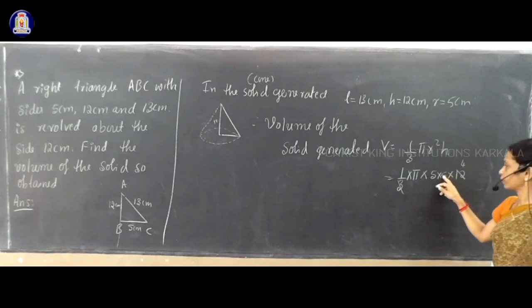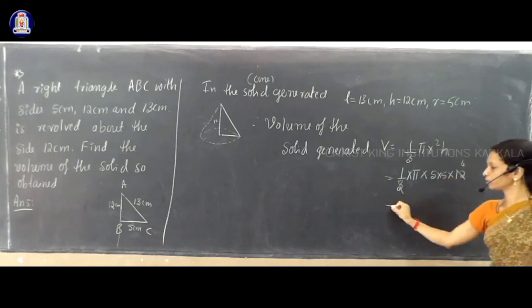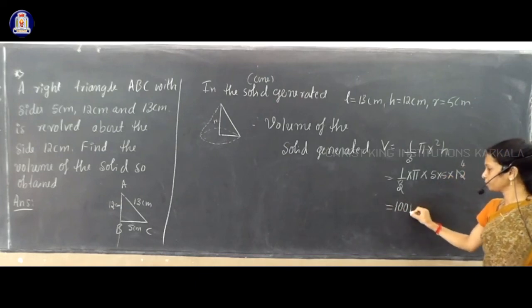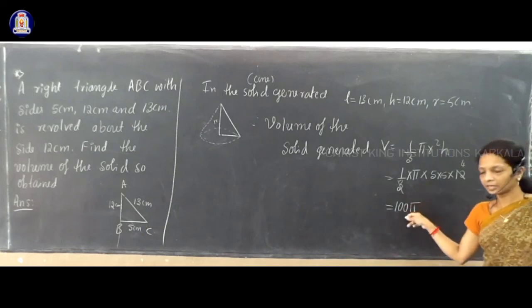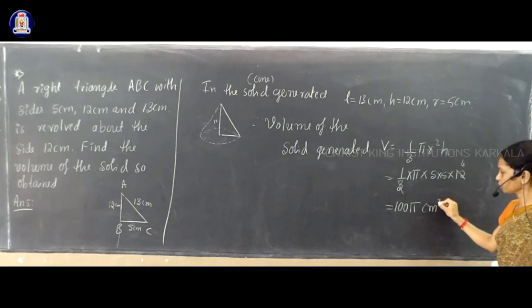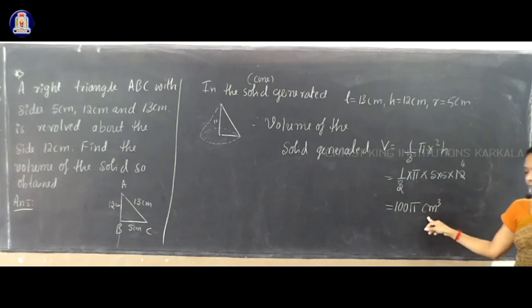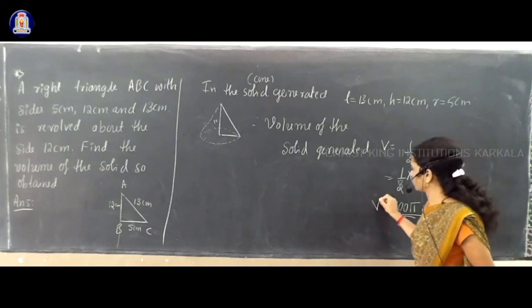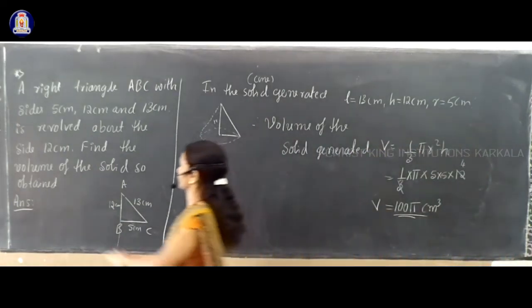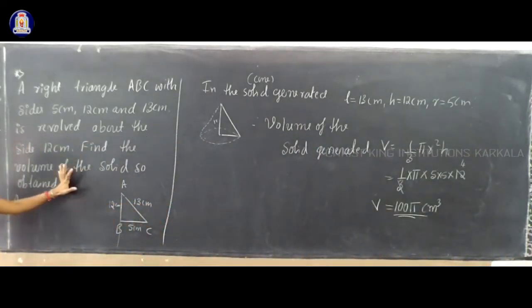Okay, 5 into 5 is 25, 25 into 4 that is 100 pi. Okay, in textbook they kept answer like this, so I kept pi as it is, and this is a volume, so you have to write a cubic unit, that is centimeter cube. Okay, so this is a volume of the solid generated here in this question, and you mark this question with a star because we have to use this again in the next question also.